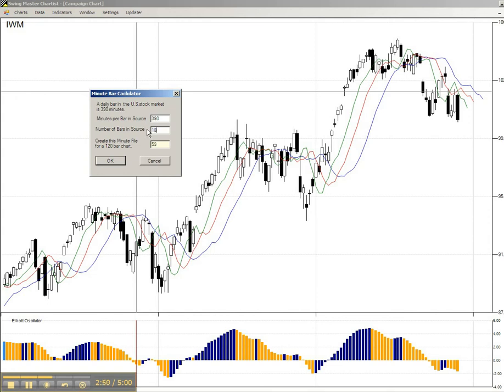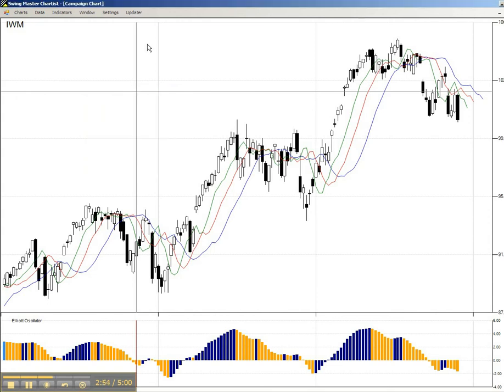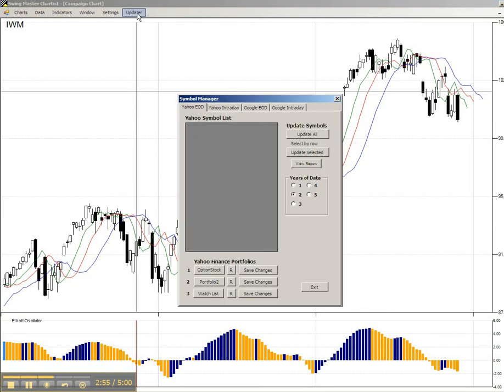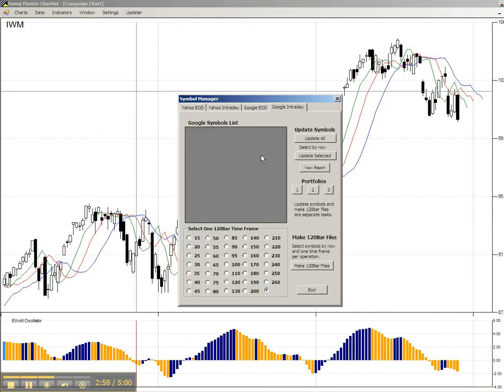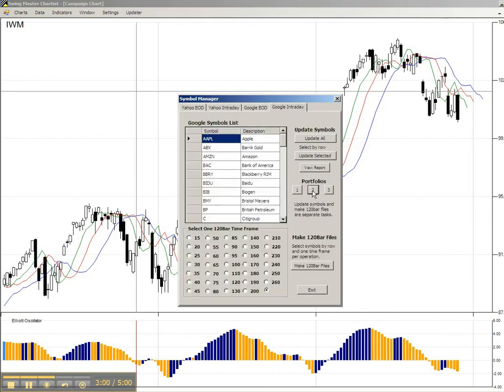There are 18 bars, and that tells us that we need about a 60-minute bar for a 120 bar chart. And with the updater, which is built into the Swing Master Chartist, it's pretty easy to get bar length or a period anywhere from 15 to 260 minutes in 5-minute increments just by clicking a couple buttons.